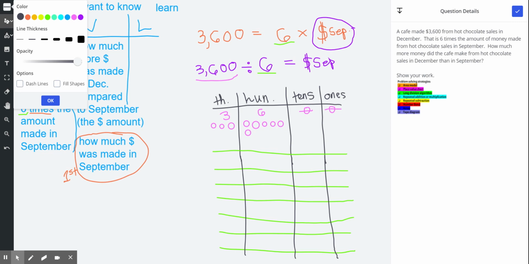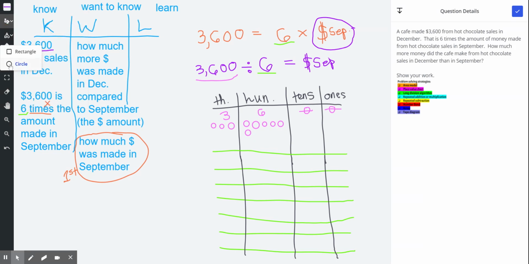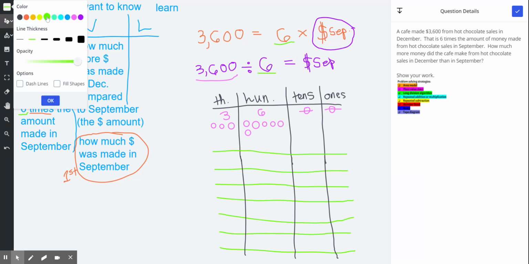And then we've got our dividend represented. So we are ready to get started dividing up each of our dots into fair shares. Okay, so we can start with our thousands place. We have to, in fact, because we've got to start with the largest place value. The largest place value always comes first when we're dividing. So, start here.